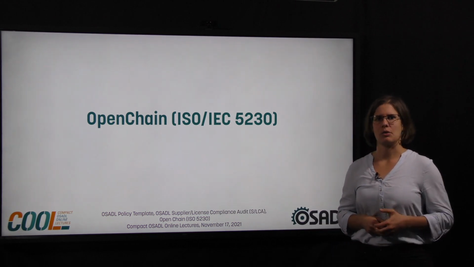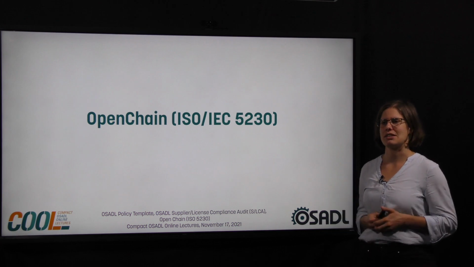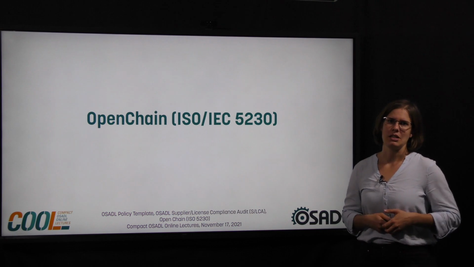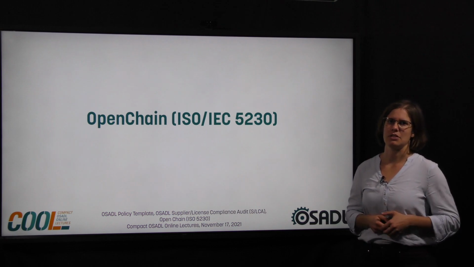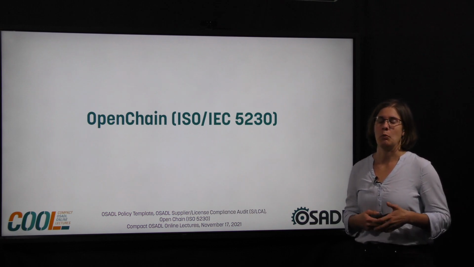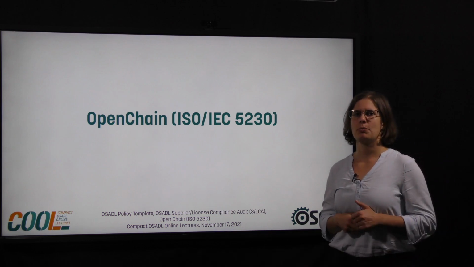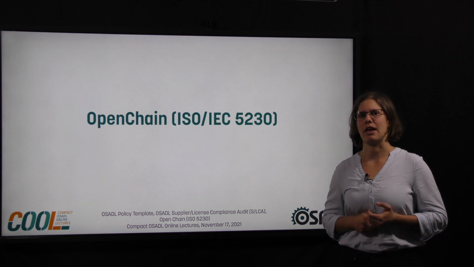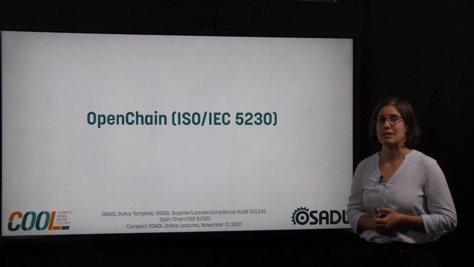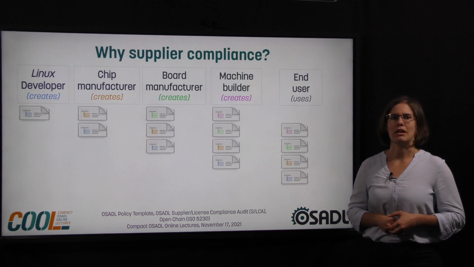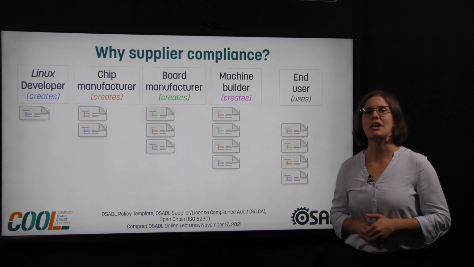So the first SLCA questionnaire is still quite similar to some of the OpenChain specification that we have today. I won't talk much about OpenChain, as you'll hear a lot about that from Nicole Pappler in the second lecture today, but let me just give a few words on the motivation here.